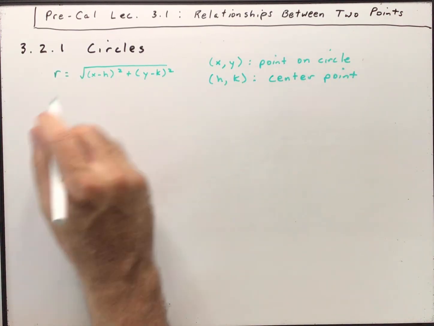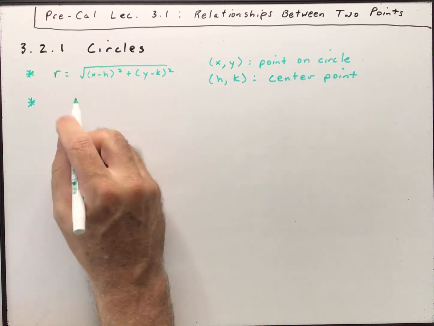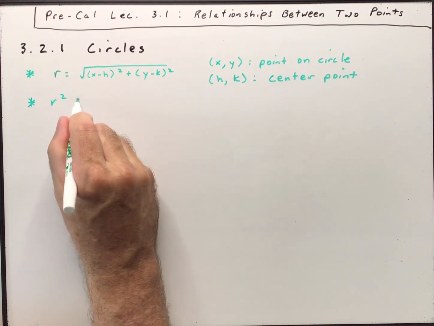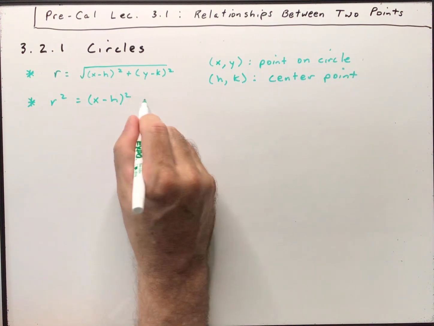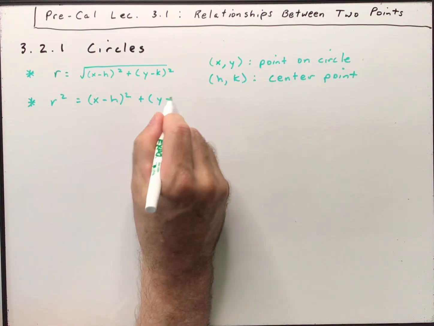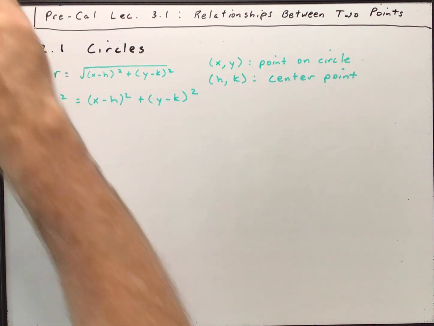And then the standard equation for the circle is r squared is equal to x minus h all squared plus y minus k all squared.